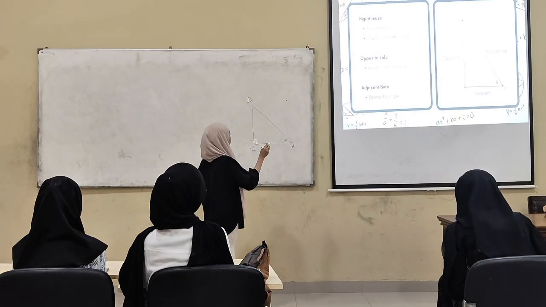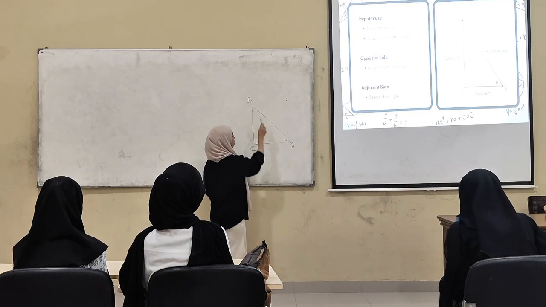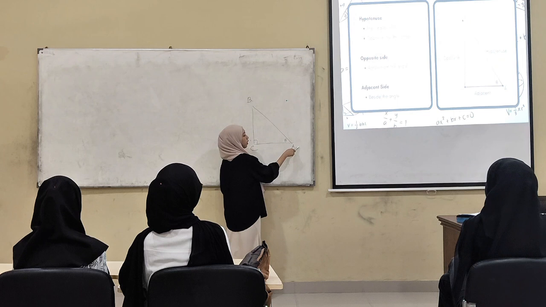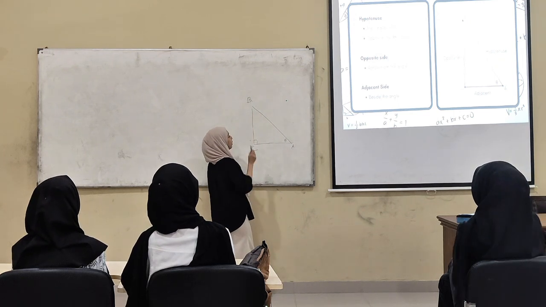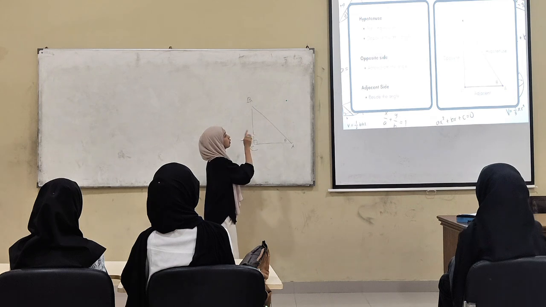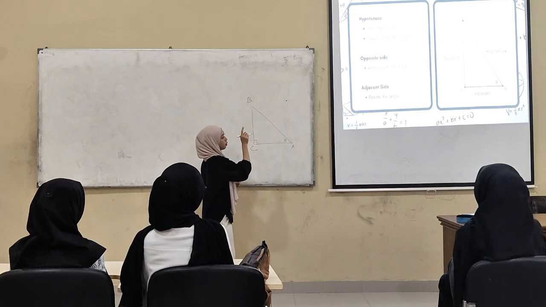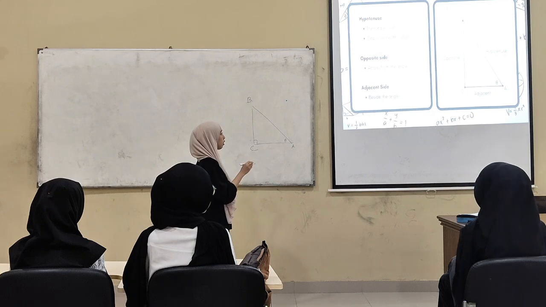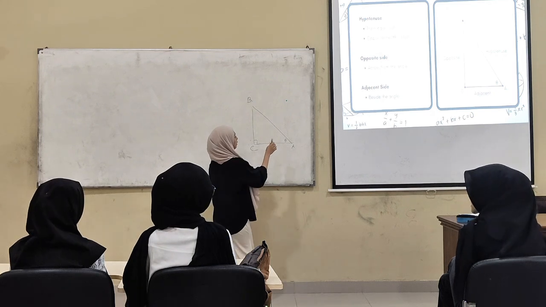Is the longest side AB or AC? AB, right. And the hypotenuse is opposite the 90-degree angle.